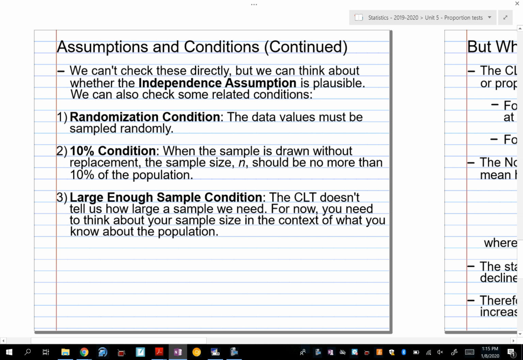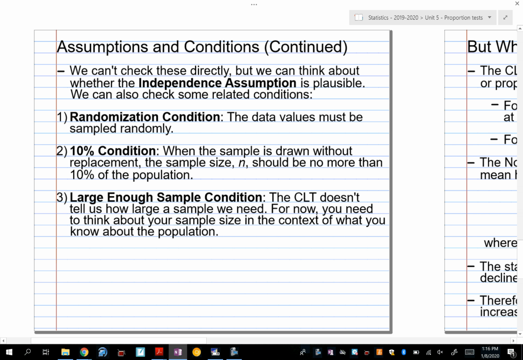Now this one is one of those we're not going to be able to do much work with. With the success/failure condition from yesterday, we did n times p and n times q. We're not going to be doing that. We don't have proportions, so those formulas are not applicable for means. Really it's just going to be a sentence about thinking, is our sample size large enough?